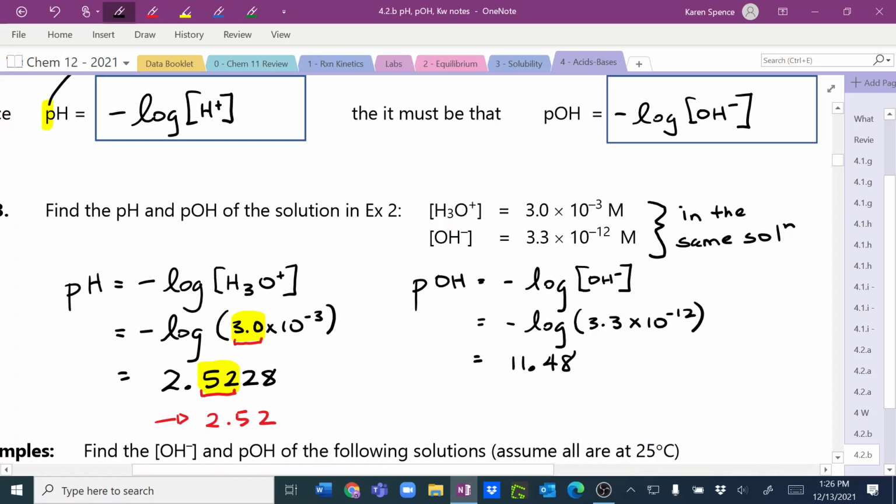What do we get if we take 2.52 and we add 11.48? We have 14.